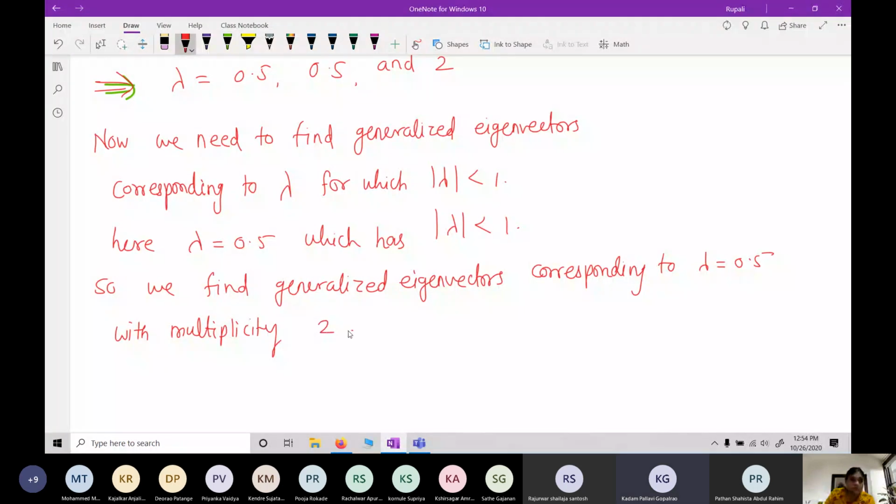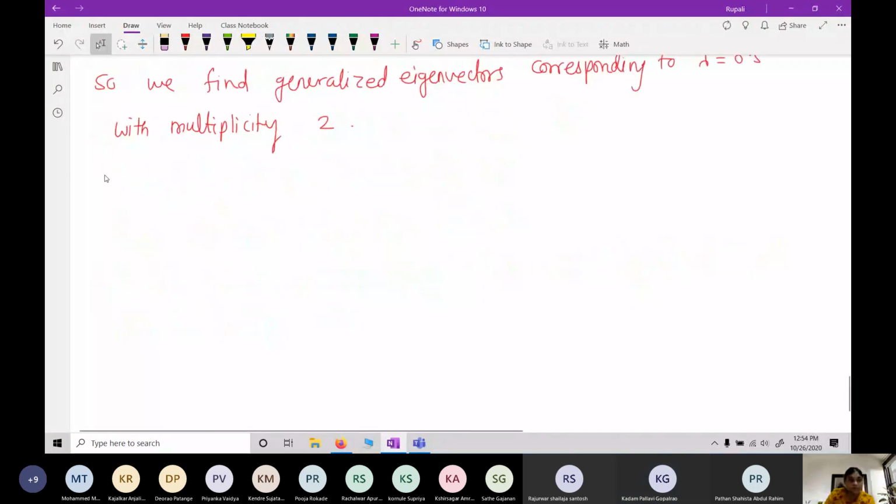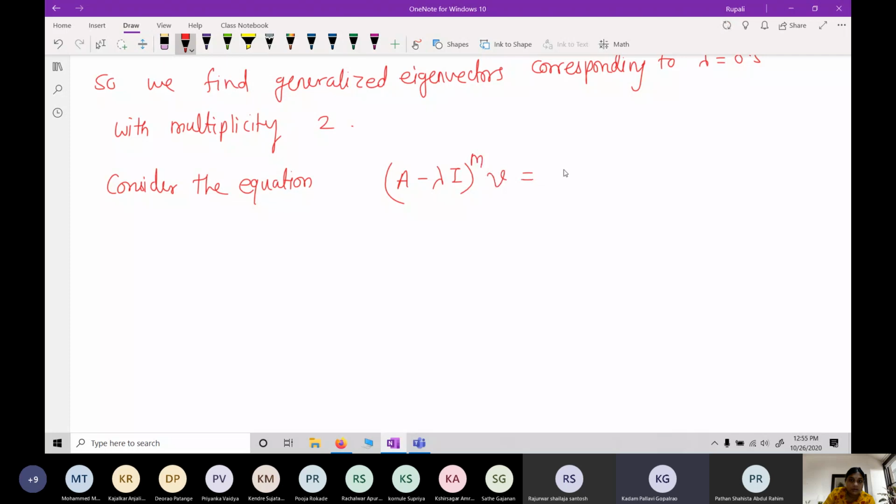So it satisfies the equation. What is the equation a generalized eigenvector satisfies? A minus lambda I raised to m times v is equal to 0. So v which satisfies this equation is called a generalized eigenvector corresponding to lambda.